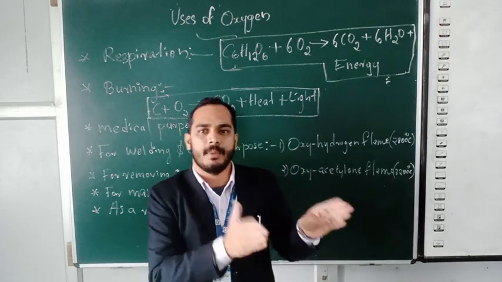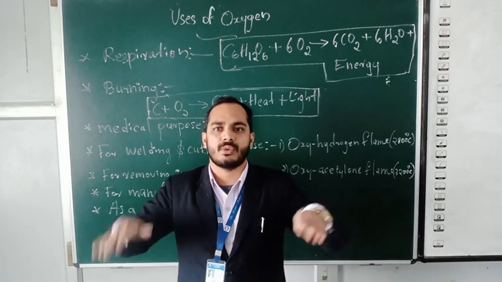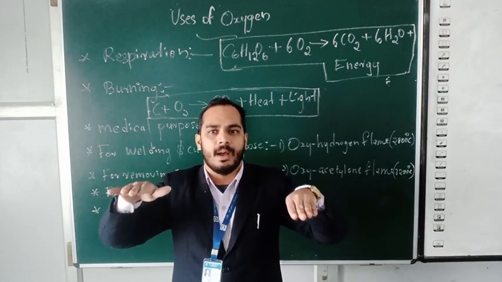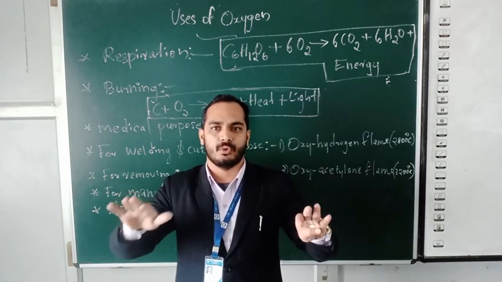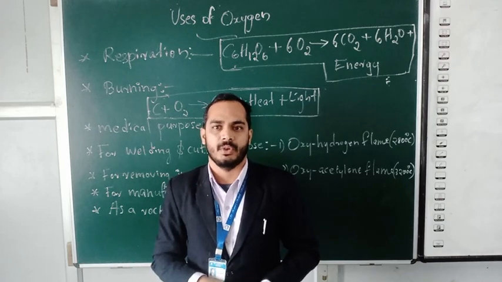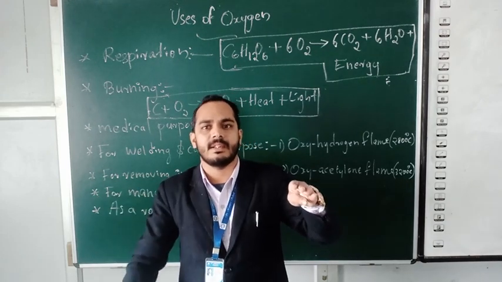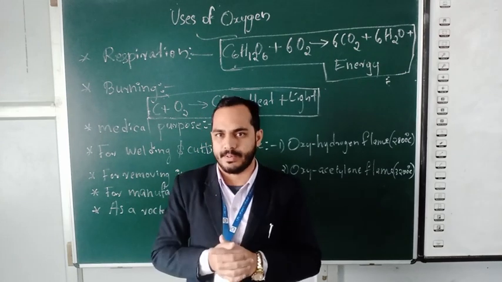So here, animals and plants both are beneficial. That's why we maintain the balance of oxygen and carbon dioxide in the atmosphere, and that's why we are able to survive here. If either oxygen or carbon dioxide decreases in level in the atmosphere, it directly affects other organisms.